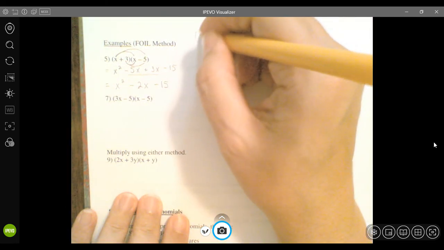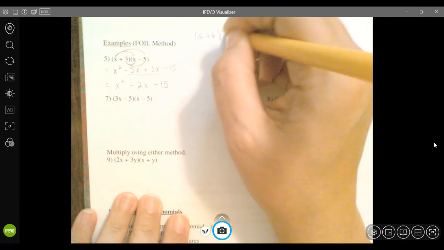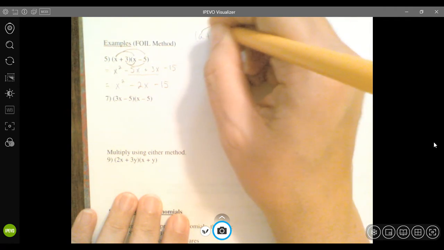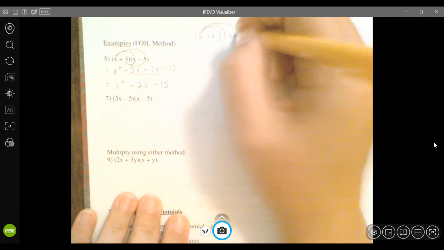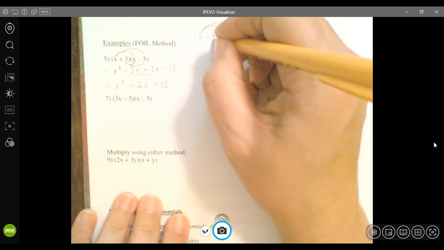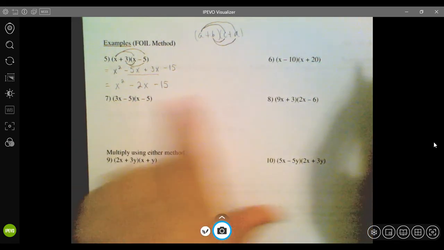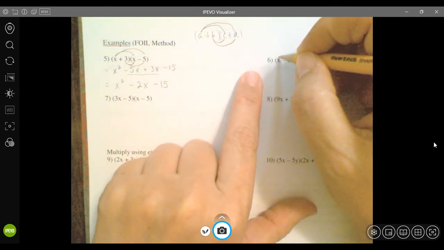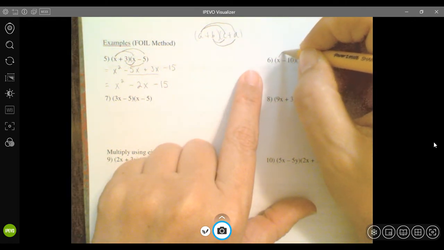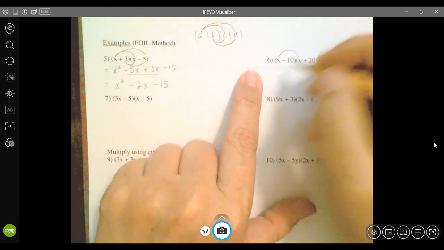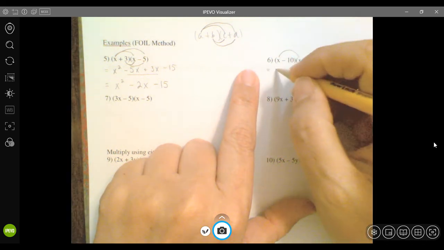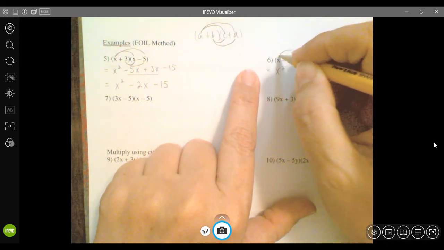So remember, first times first, outside times outside, inside times inside, last times last. I'm going to do this every single time. And notice I'm not having to draw a box. I'm not having to rewrite any terms. I go straight to multiplying. First times first, x times x.